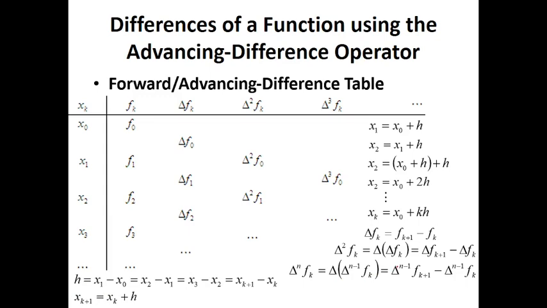So we have here delta n minus 1 f sub k plus 1 minus delta n minus 1 f sub k. So this is the n minus 1 differences of f successive minus the n minus 1 differences of f preceding.